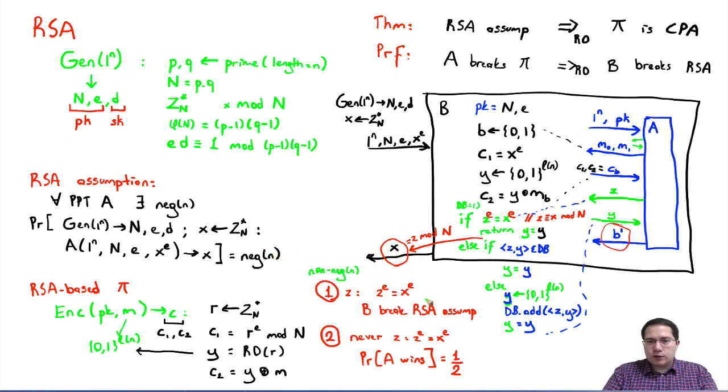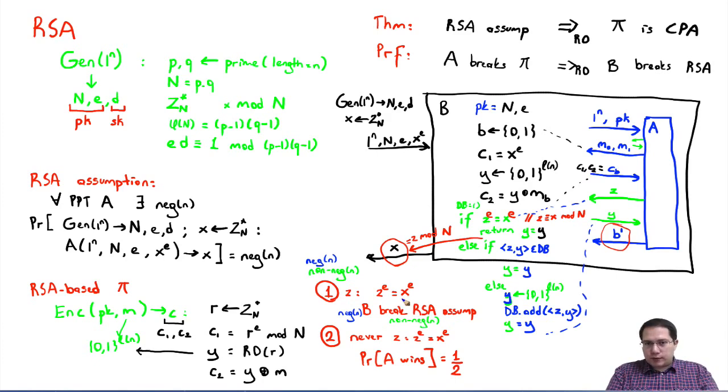So B is going to break the RSA assumption with that non-negligible probability. If instead the RSA assumption, remember, we are assuming it holds, so B can only break it with negligible probability. This means A must only have negligible probability in getting into this first case, so sending such a query.